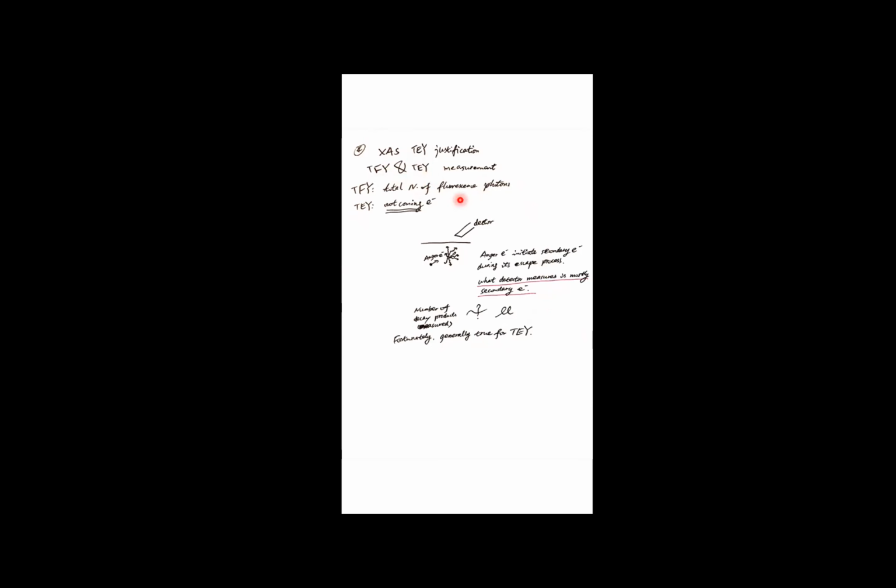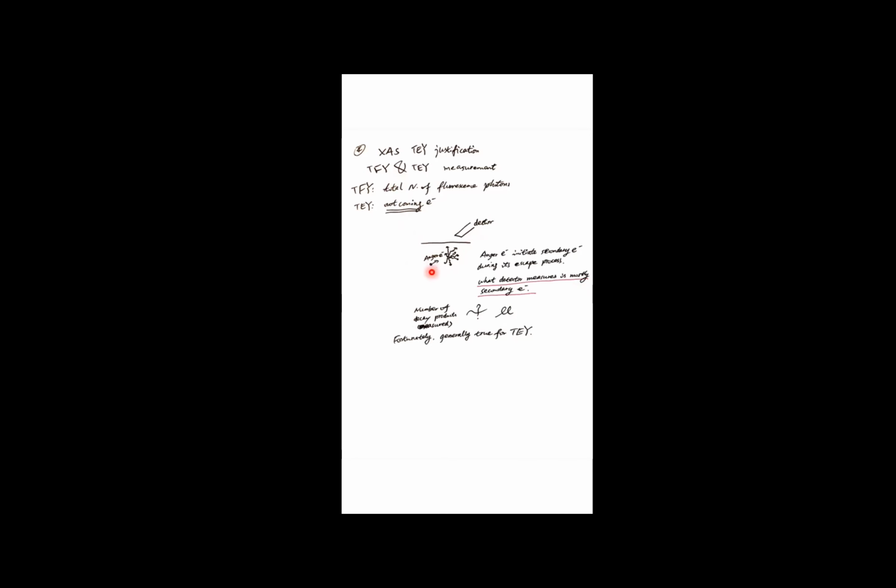I think the good news is, in general, the TEY spectrum doesn't have a distortion problem, and in general faithfully follows the absorption coefficient. Meaning that TEY can be used for some sort of analysis of the conduction band or the unoccupied states. But there are some details we need to be aware of.